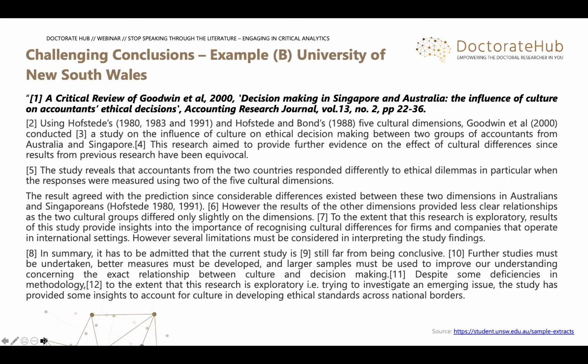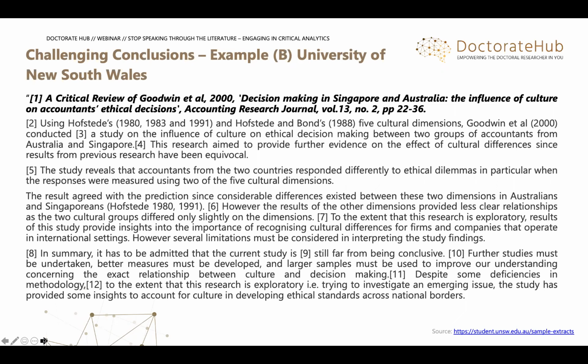This research aimed to provide further evidence on the effect of cultural difference, since results from previous research have been equivocal. The study reveals that accountants from the two countries responded differently to the ethical dilemmas, in particular when the responses were measured using two of the five cultural dimensions. The result agreed with the prediction, since considerable differences existed between these two dimensions and Australians and Singaporeans.